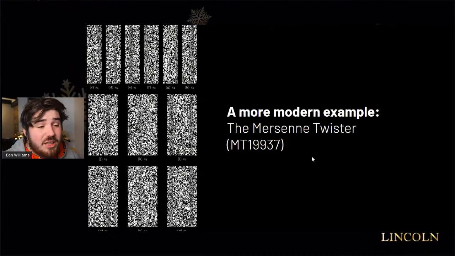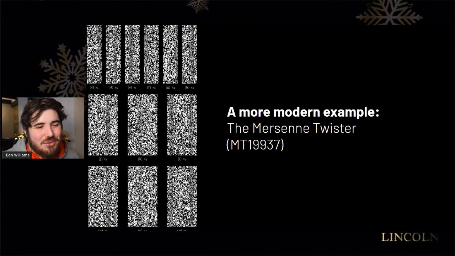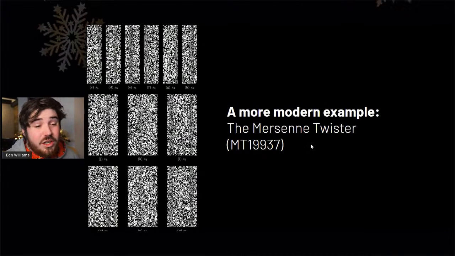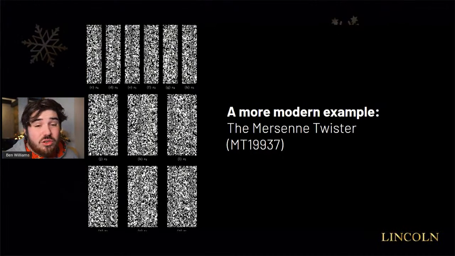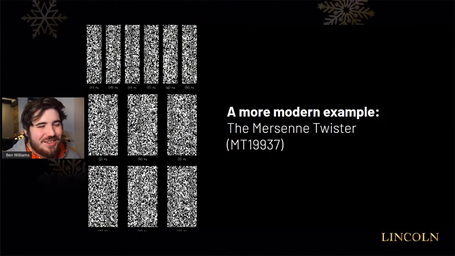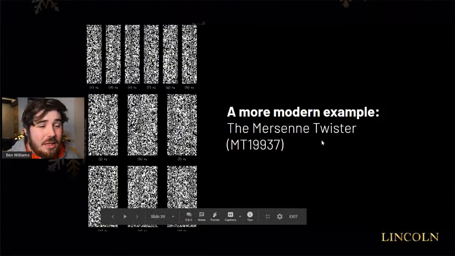And in particular, you might hear it being called the MT19937, which is quite a catchy name for an algorithm. The MT obviously stands for Mersenne Twister. 19937 is the 19,937th Mersenne prime, and we use this in our generation.